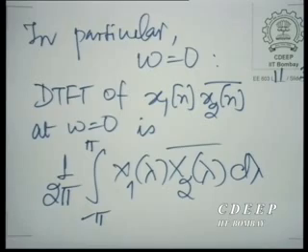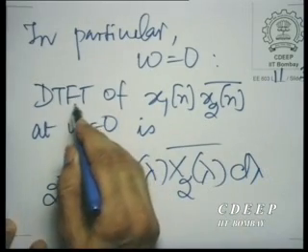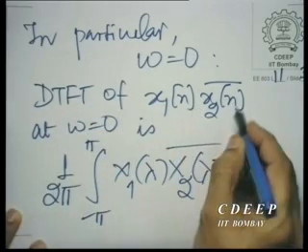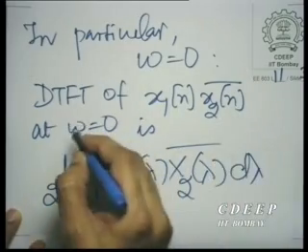Now we have a very, very interesting statement. What do you mean by the DTFT of x1, x2 complex conjugate evaluated at omega equal to 0?